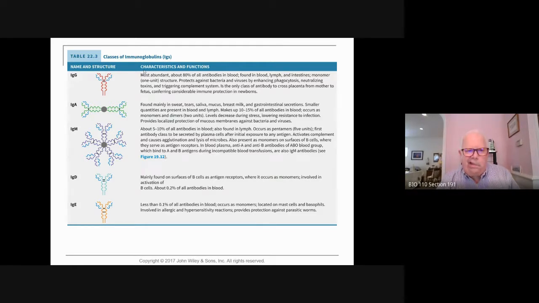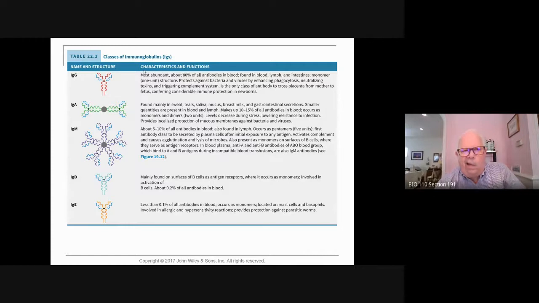And there are basically four antibodies that are known as immunoglobulins: IgG, IgA, IgM, and IgE. You don't have to know IgD. It's very uncommon.